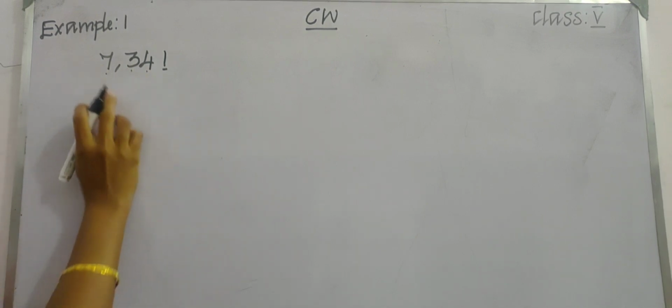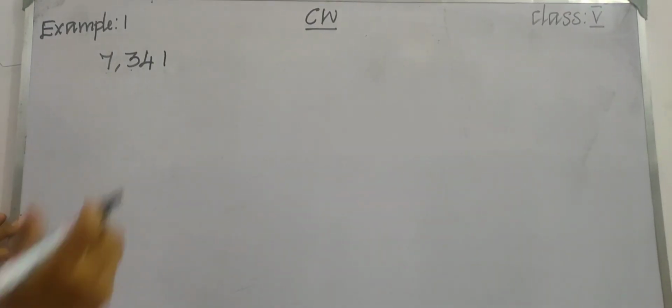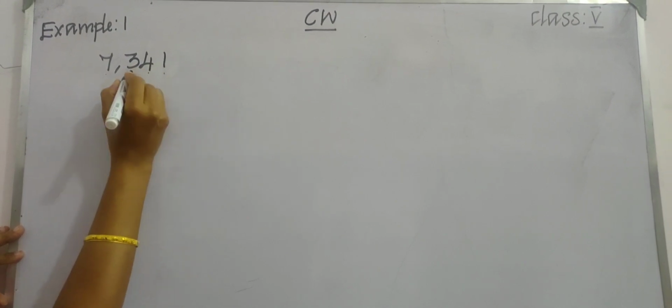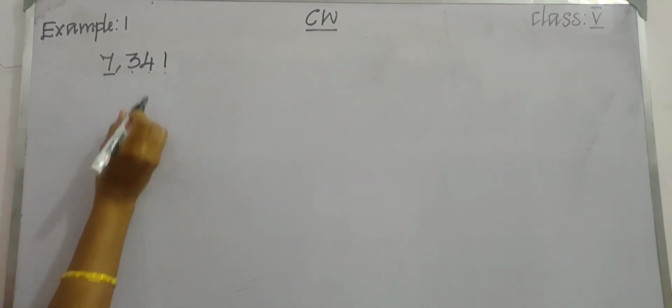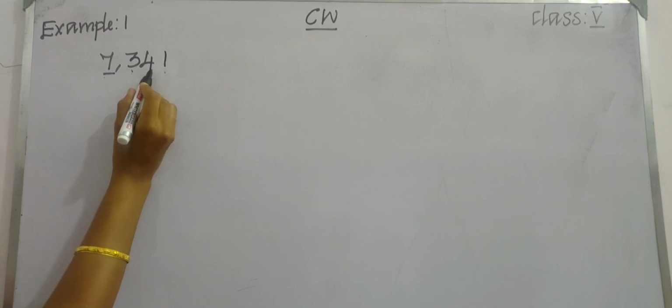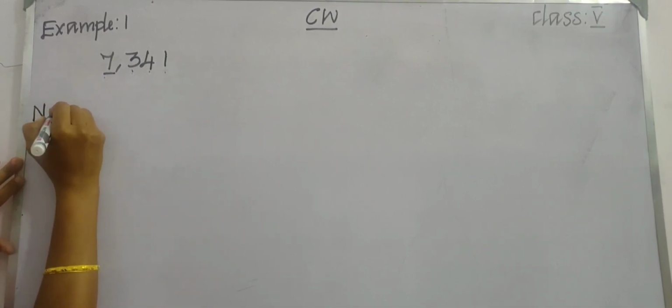If you have any doubt, you can see the abacus which was drawn in your book. See, ones, tens, hundreds and thousands, right? So how will you write the number name? 7,000. 7,341. Okay children, so write the number name.